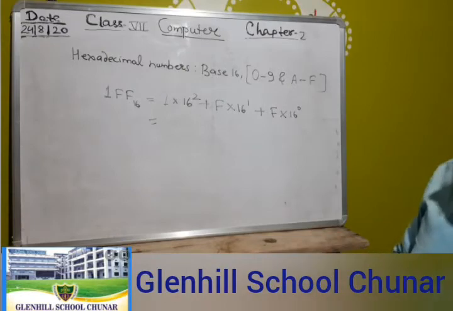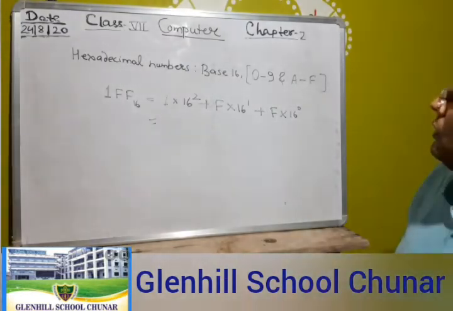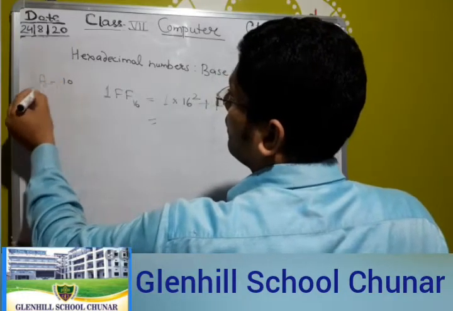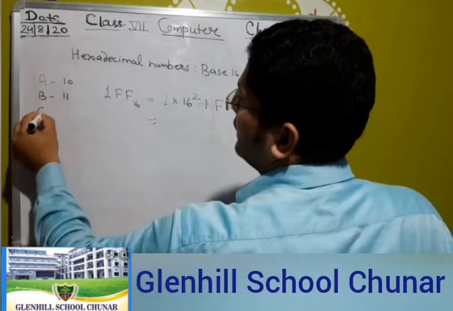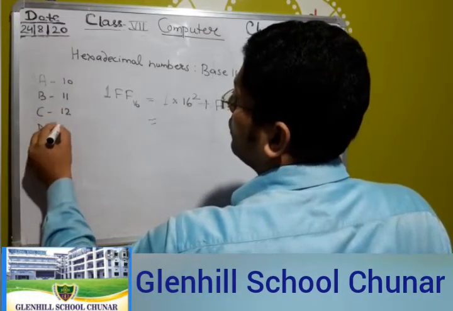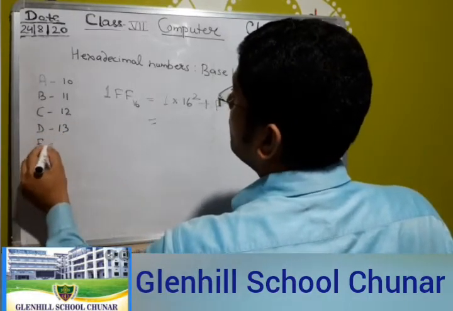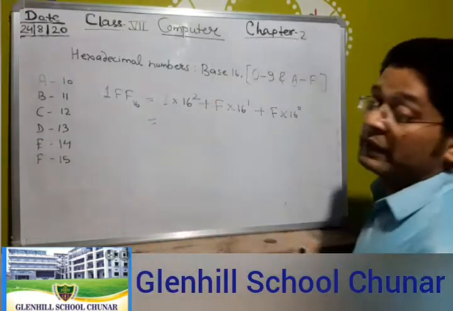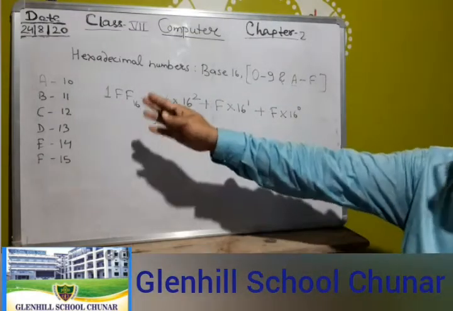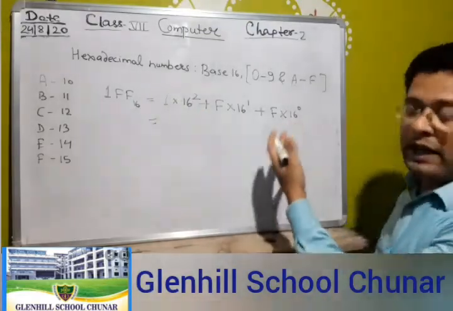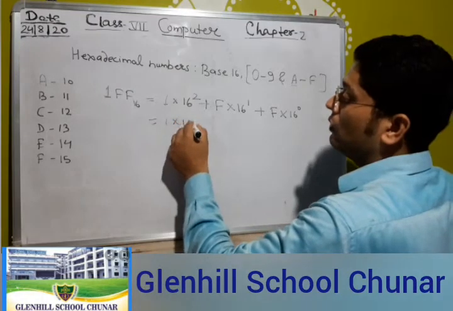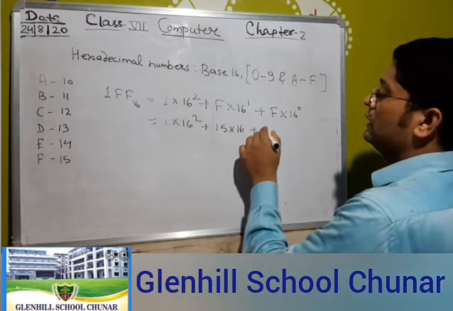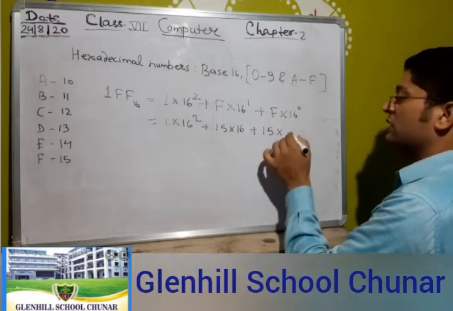After 9, A is 10, B is 11, C is 12, D is 13, E is 14, and F is 15. So put the value of F as 15.